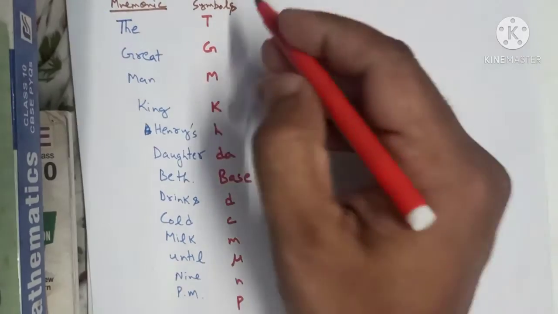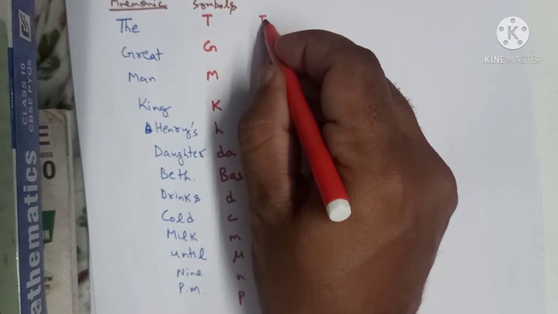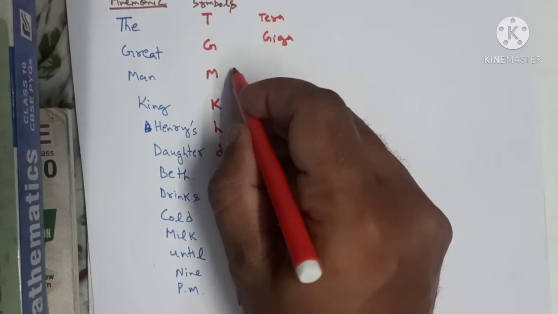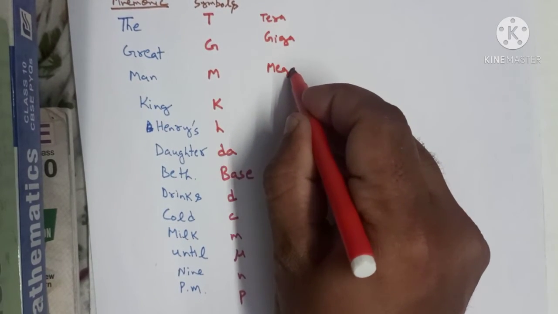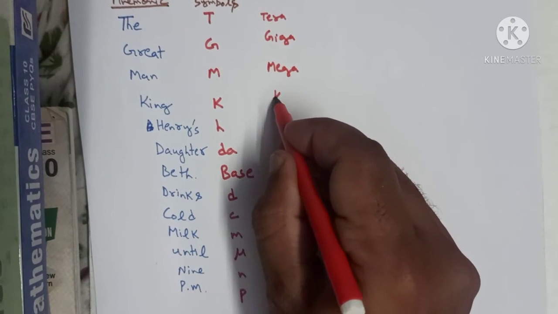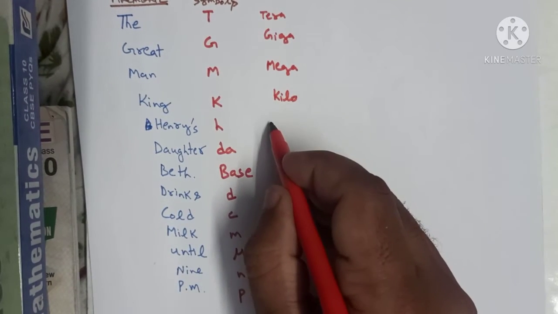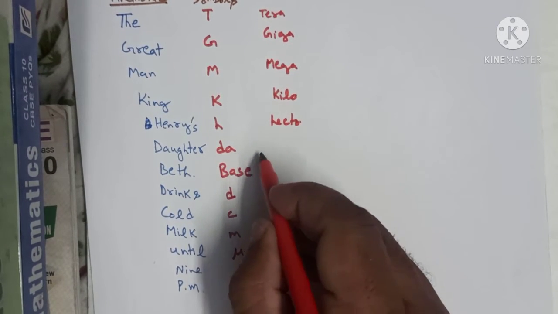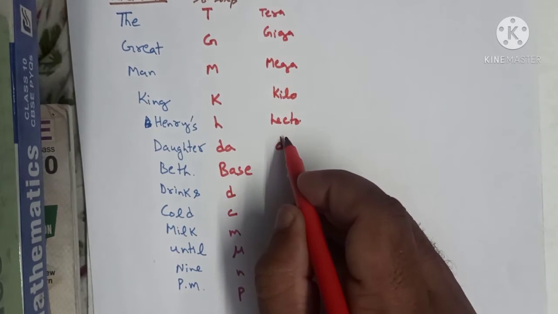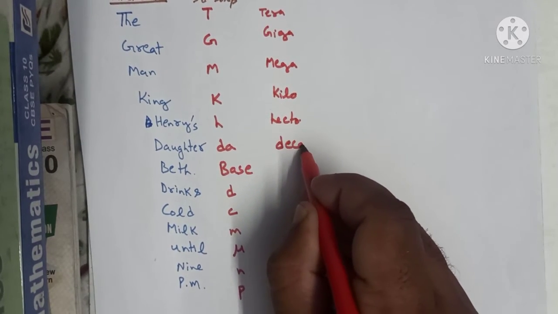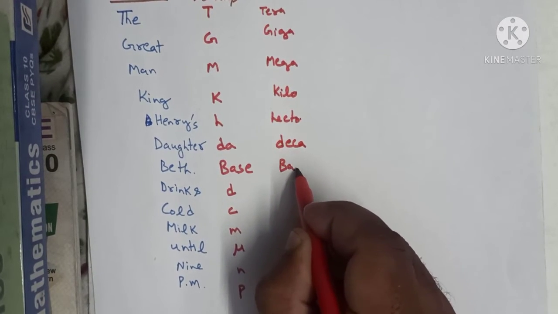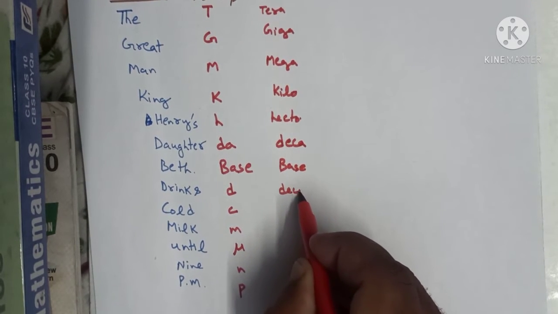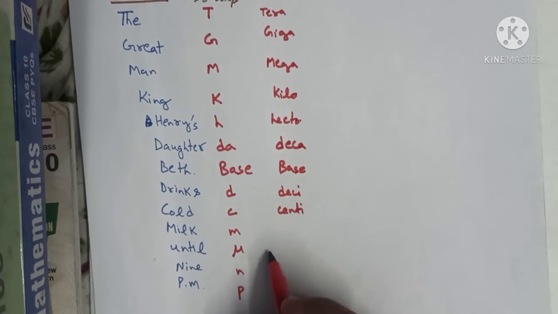T is the symbol of Tera, G is the symbol of Giga, M is the symbol of Mega, small k is the symbol of Kilo, H is the symbol of Hecto, and then DA is Deca, and this is base, and D for Deci, then Centi, M for Milli.